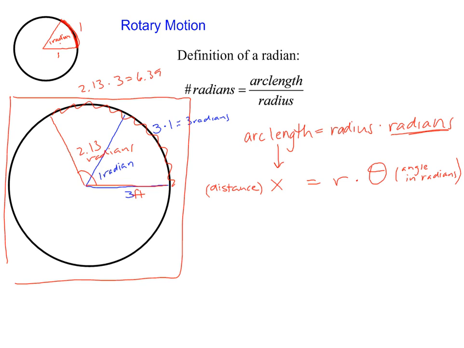How many radians would the wheel need to turn in order to move forward 3 feet? Well, I would need to move it through 1 radian, because that is the arc length. That's how far the edge of the wheel is going to move. As I go 3 feet, I want my arc length to be 3, which corresponds to a radian of 1.